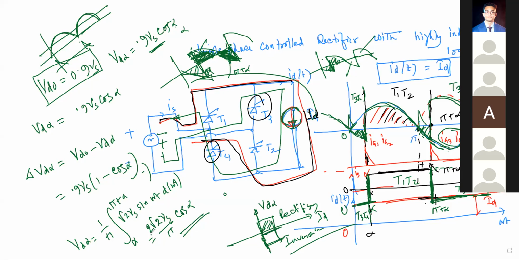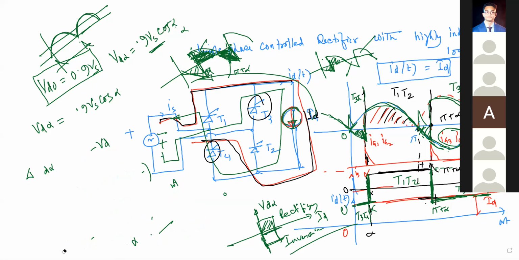Okay. Because if you complete the integration, this is the fundamental thing. VD alpha will be 1 by pi, integrating from alpha to pi plus alpha, root 2 Vs sine of omega t, d of omega t.